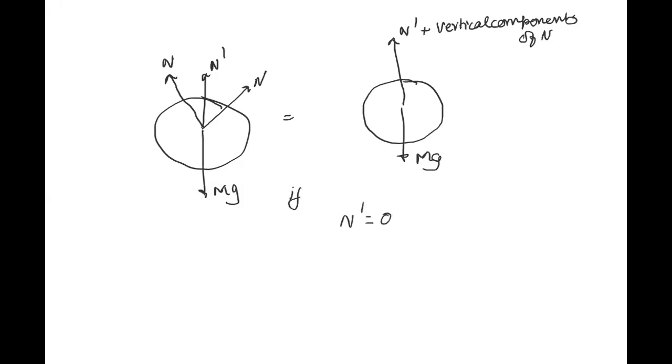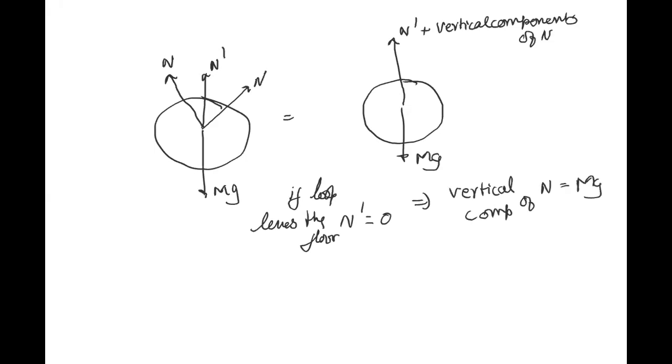So if the loop leaves the floor, n dash becomes 0. This means that the vertical components of n should be equal to mg.